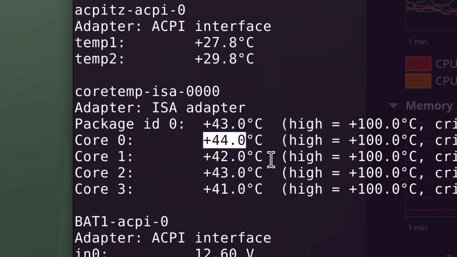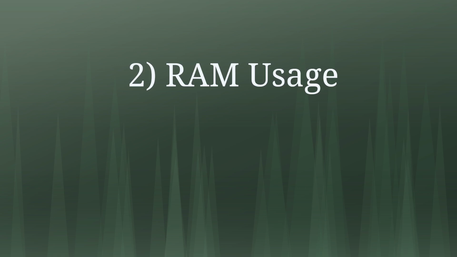Actually, because I'm recording, it's over 40. But if I'm not recording, it stays below 40. It's usually 33, 34. On rare occasions, it reaches 40. That's how cool it should stay under normal circumstances. If it goes above 50, then you should check what it's doing.